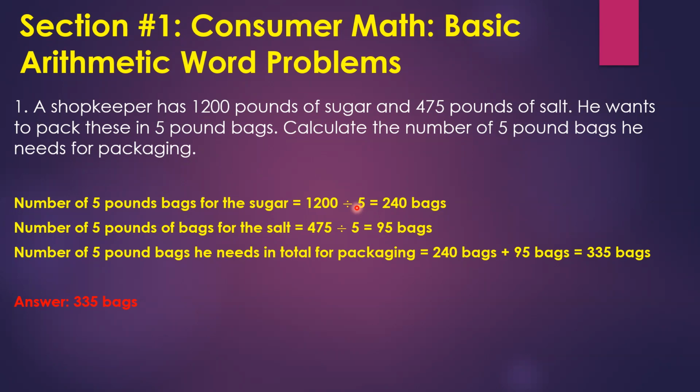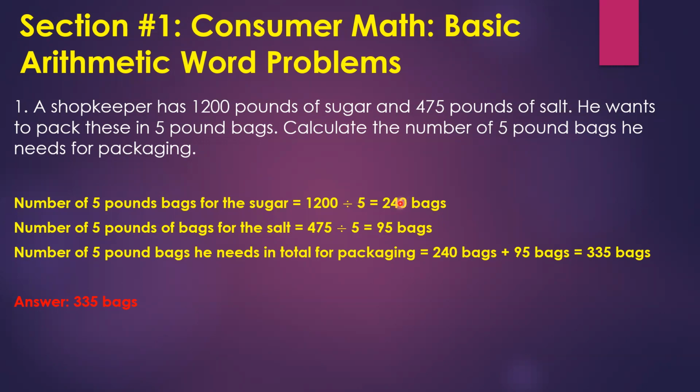Do you want me to read the instructions for number 1? No, just explain how we got the answer. First you have to find the number of 5-pound bags for the sugar. That equals 1,200 divided by 5, which equals 240 bags.